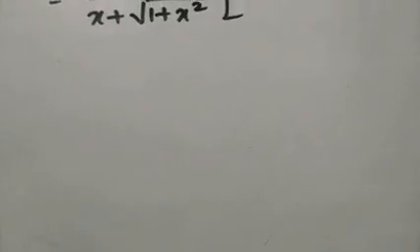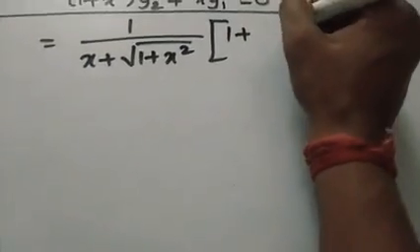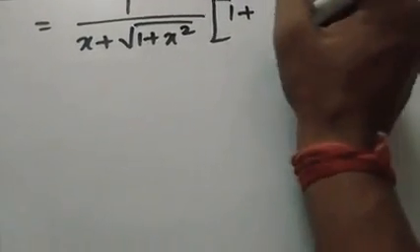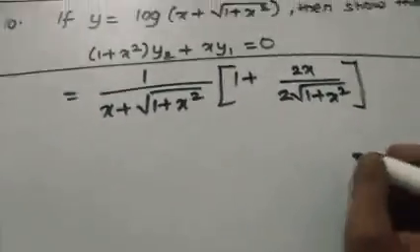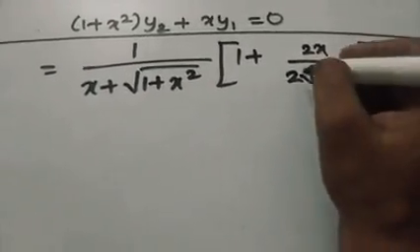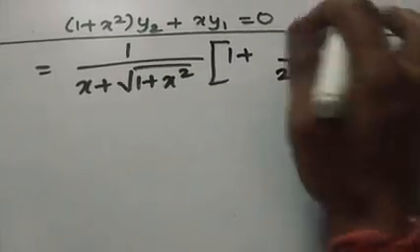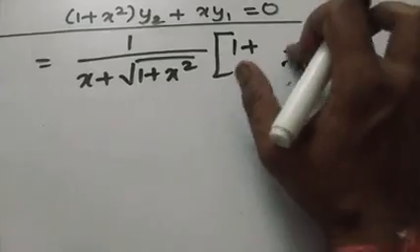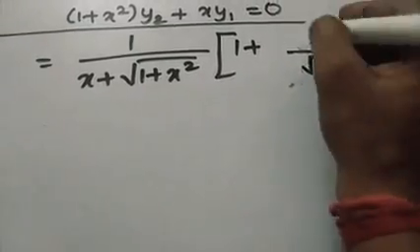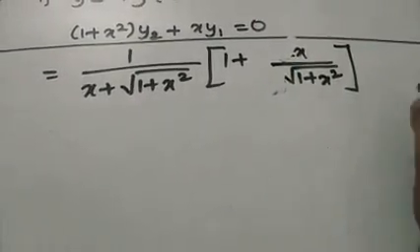We will write 1 by x plus root over 1 plus x square, times 1 plus 0 plus 2x by 2 into root over 1 plus x square. Now here we can cancel 2. So after cancelling 2 we will get just x by root over 1 plus x square.